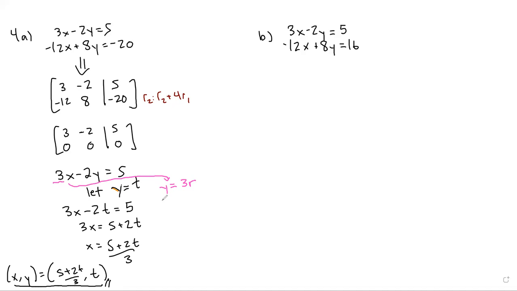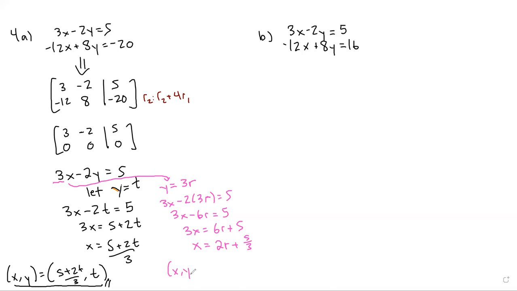And so if I do it this way, then what I get is 3x minus 2 times 3r is 5. So 3x minus 6r is 5. 3x equals 6r plus 5, sorry. And now if I divide by 3, 6r divided by 3 is 2r. And I'm going to have to divide the 5 by 3. So I'm still going to get the fraction there, but it's still a little bit nicer.